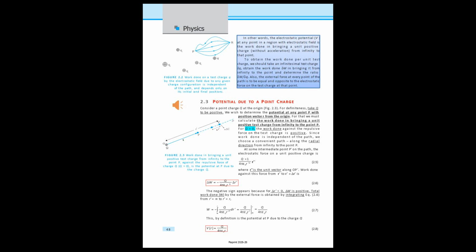Total work done, W, by the external force is obtained by integrating equation 2.6 from r' equals infinity to r' equals r, and is given by the equation 2.7. This, by definition, is the potential at P due to the charge Q and is given by the equation 2.8.